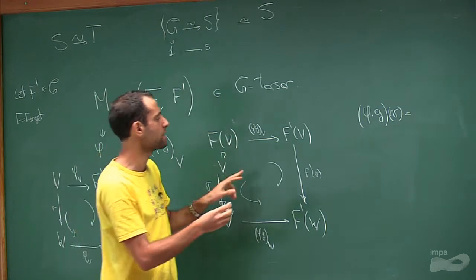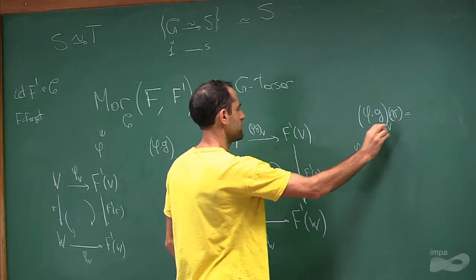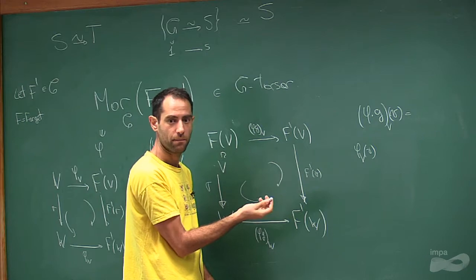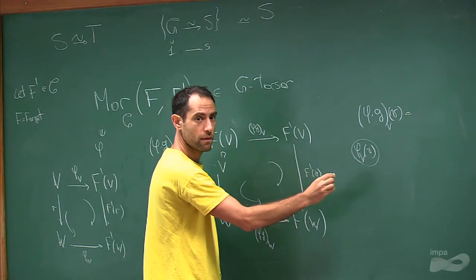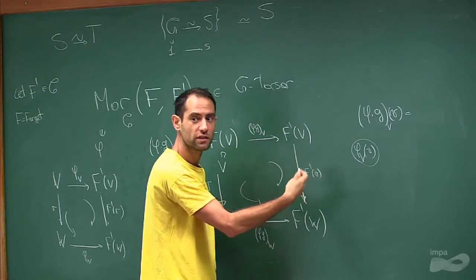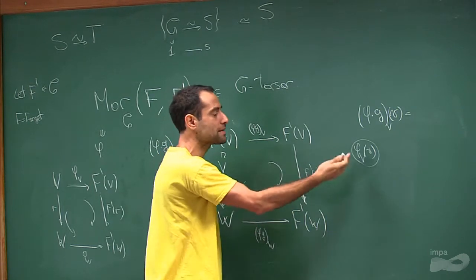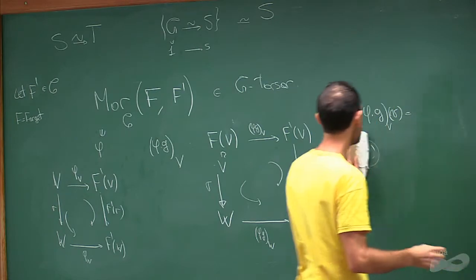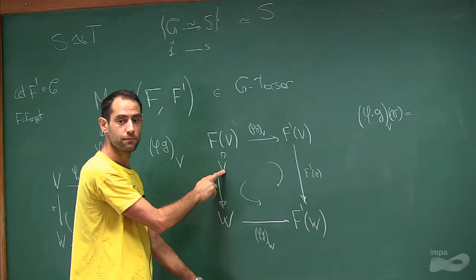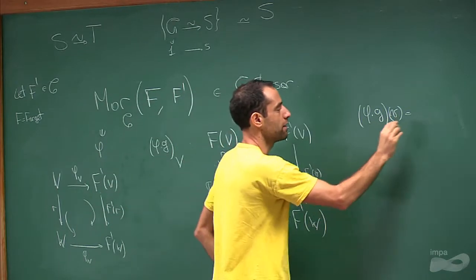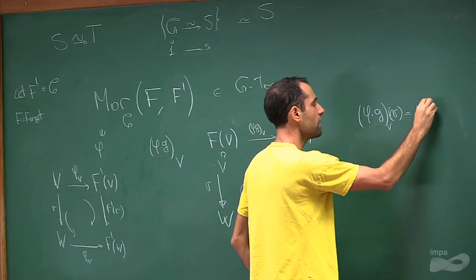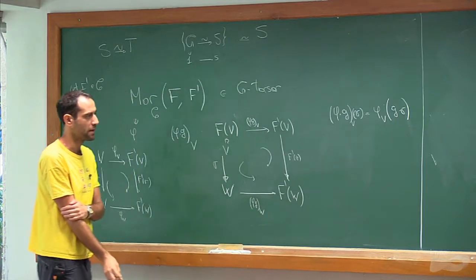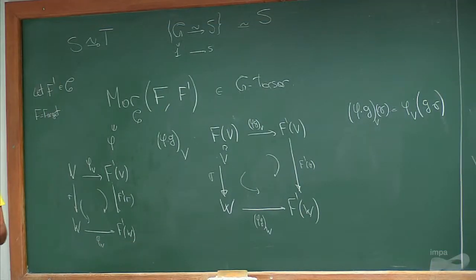It doesn't make any sense to look at phi sub V and then act with G there. Why? Because this would be an element of a vector space, not in the category of G-modules. So I forget about the action of G, and it doesn't make any sense to act with G there. But v is a vector in this representation V. Therefore, I can act with G here. So I can define this to be phi V of the vector v acted upon by G. So I can give that as a definition of this guy here.